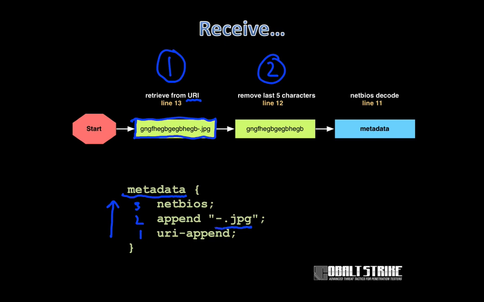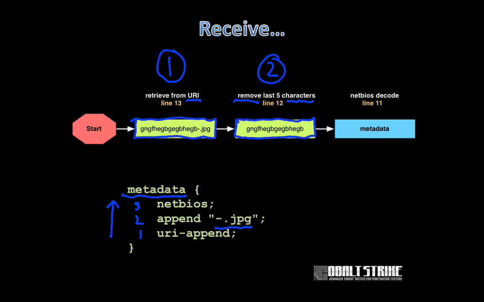The inverse of appending 5 characters to a string is to remove 5 characters. That's exactly what we're doing right here. We're just removing the last 5 characters, doing the inverse of that step. And what we end up with is this string right here.